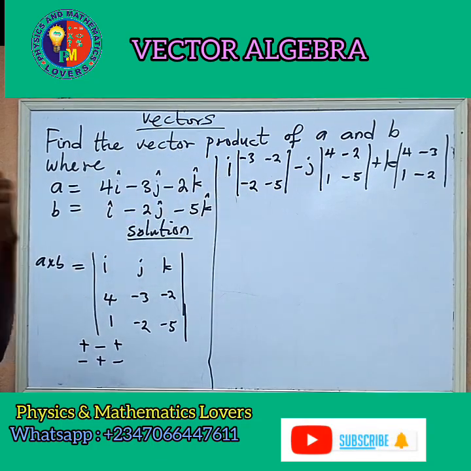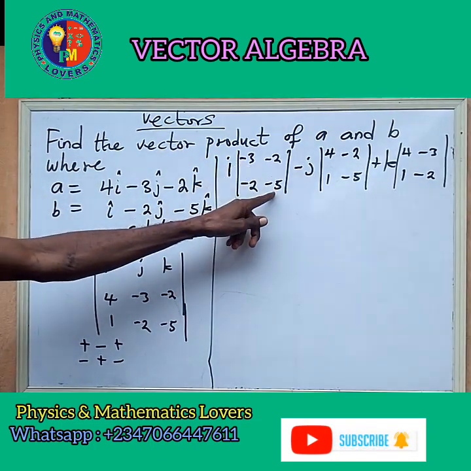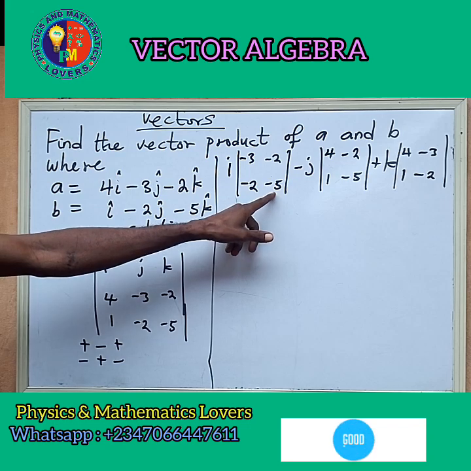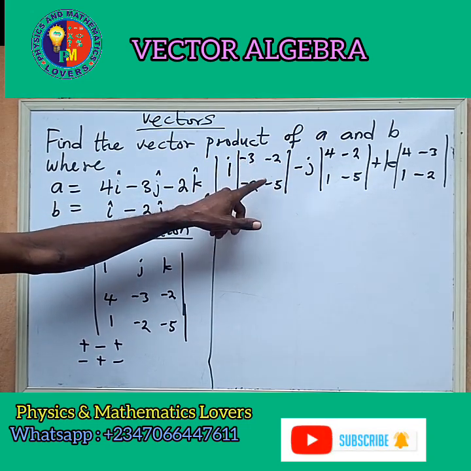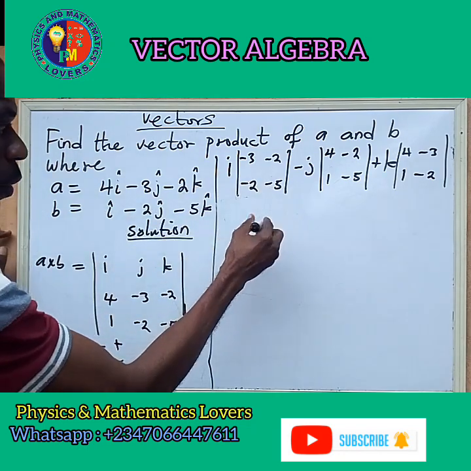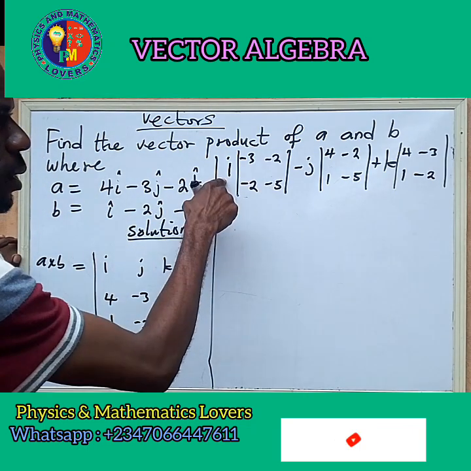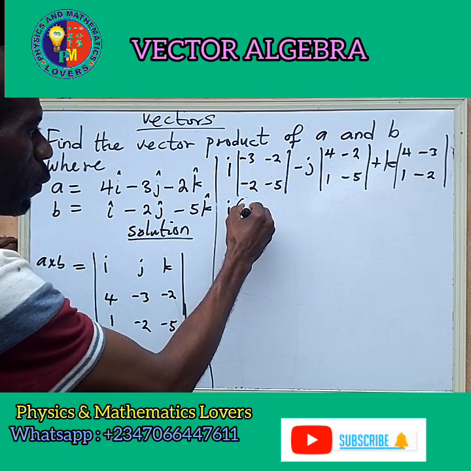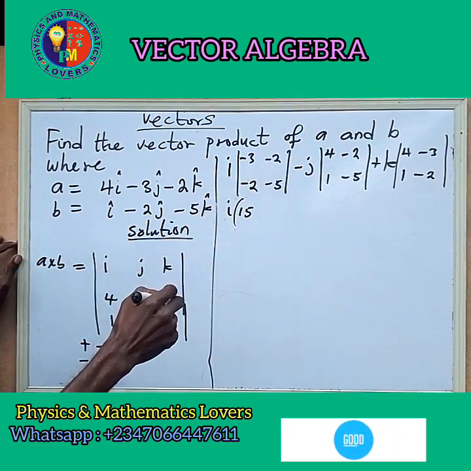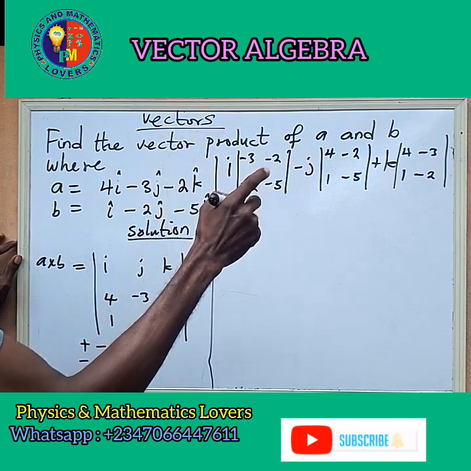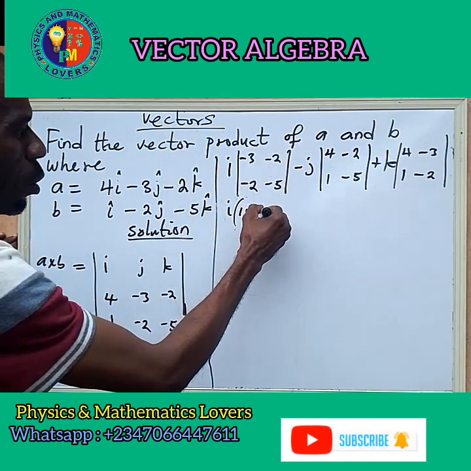Good. So now the next thing is to get each of them, so that we multiply with the i. How do we do it? This one multiplied by this is the principal diagonal, so you're going to subtract from it the other diagonal. Minus 3 times minus 5 is plus 15. Negative 2 times negative 2 is positive 4, then subtract, becomes minus 4.